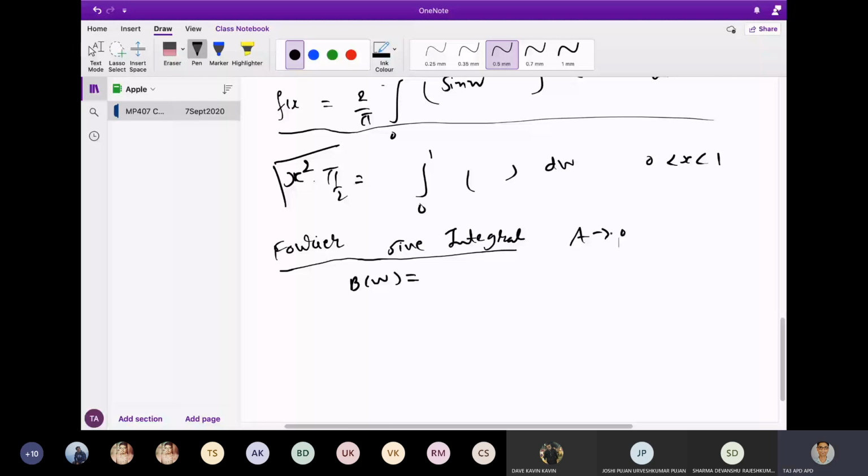So just do it on your own and let me know what answer you're getting. This is going to be 2 over pi integral 0 to 1 v square sine w dv.